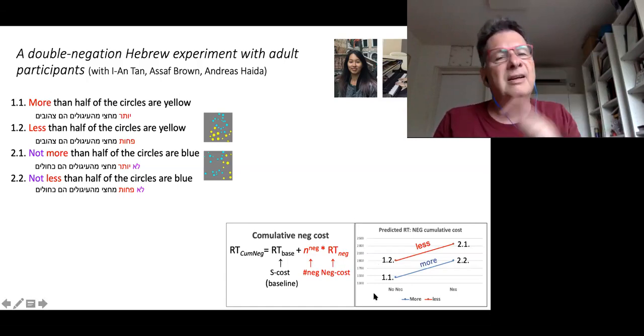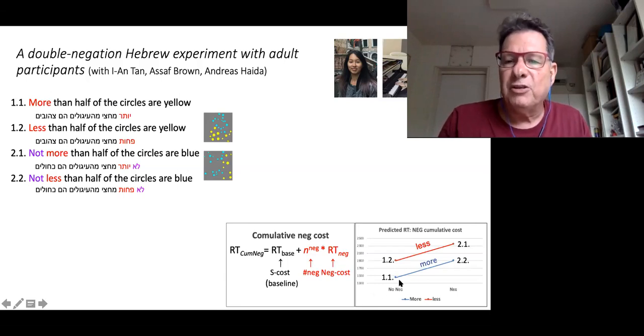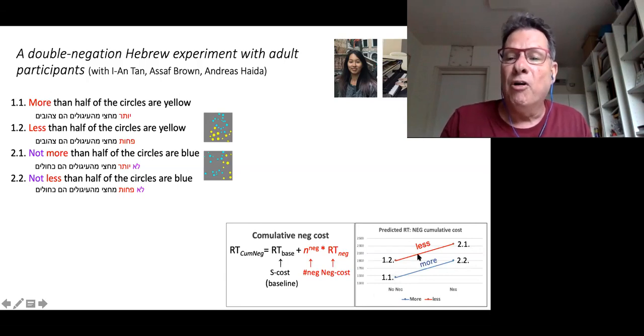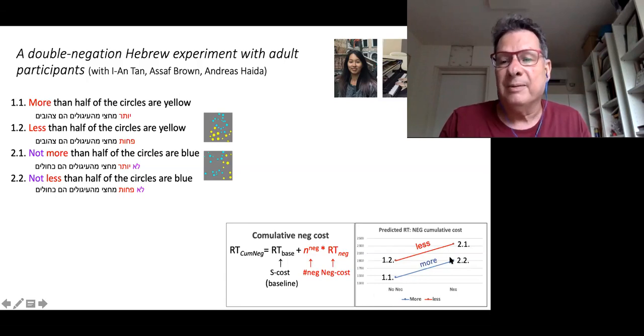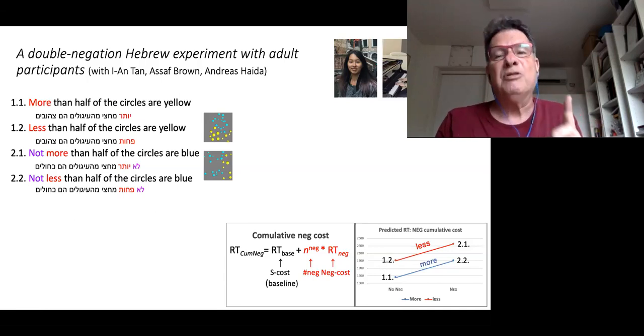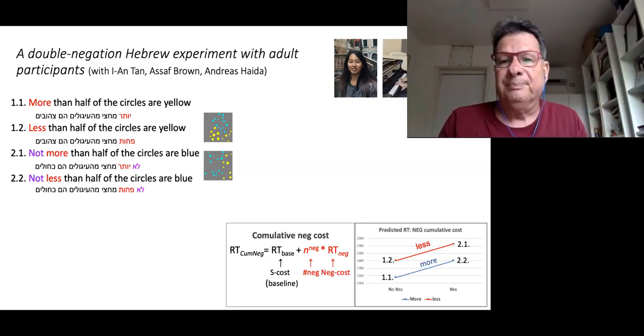This is a very uniform price list. So moving from more to not more costs you one negation, moving from more to less costs you one negation, and moving from more to not less costs you two negations. And this is what you see here. And remember, it's always collapsing across truth value, something that needs to be taken into account maybe later.